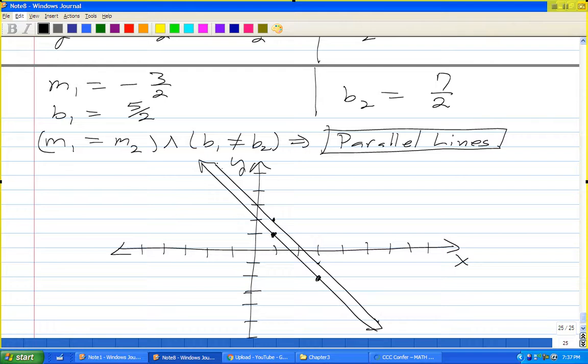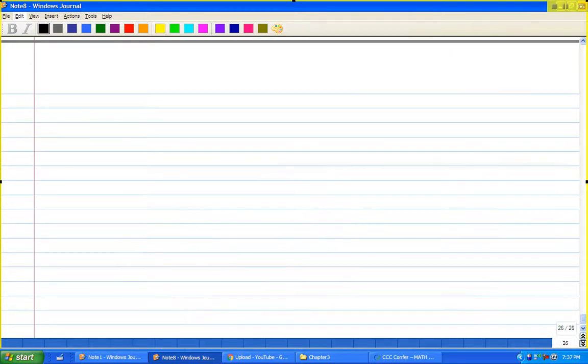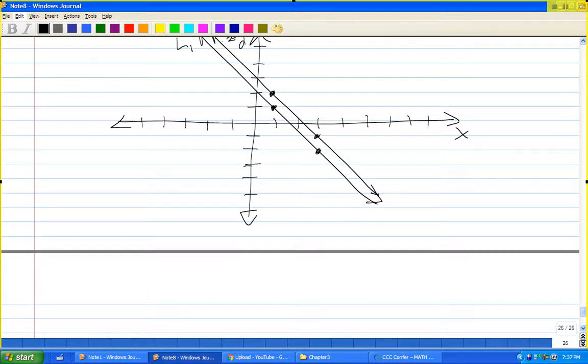Not too bad. Here is the other line, so that's L1, L2. And these two lines are parallel, so this has no solution, no point of intersection.